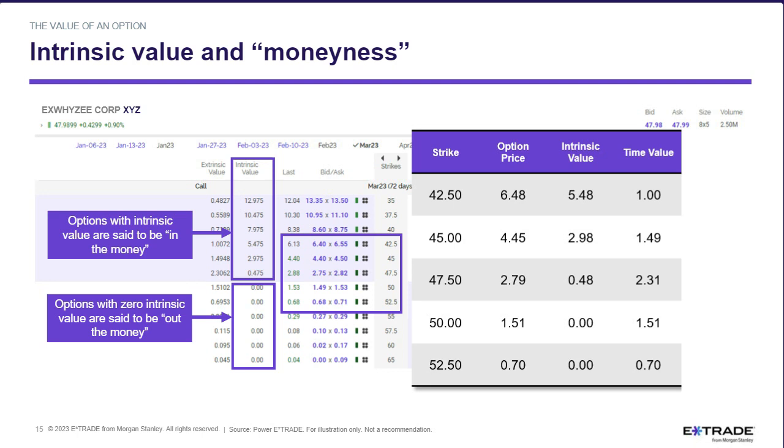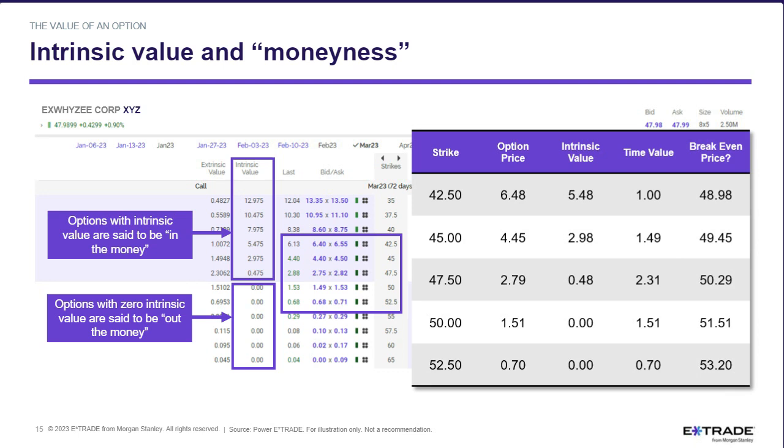The other thing I want to point out here is what we call the break-even point. So the break-even price, which is something that you should be mindful of, is the price at which the stock needs to get at expiration for your option to be worth what you paid for it when you bought it.